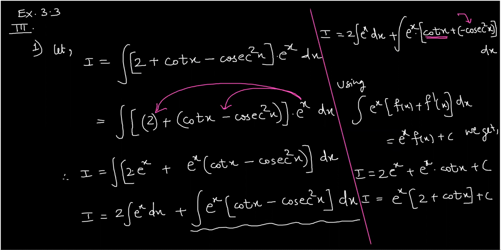That was okay, but if I wanted, I could have taken 2 plus cot x as f of x, because derivative of 2 is anyway 0. So as you say, derivative of cot x is minus cosec square x, and derivative of 2 plus cot x would not make any change.